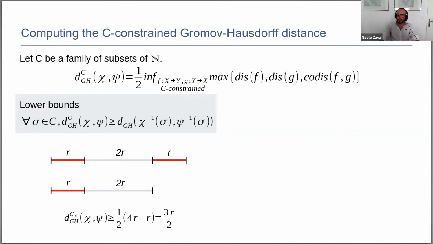Good. So the C-constrained Gromov-Hausdorff distance between the two chromatic metric spaces is bounded by the difference in the diameter of the 2 red parts, because of the stability result of the diameter that I recalled at the beginning. Since the first diameter is 4r and the second diameter is r, the C-constrained Gromov-Hausdorff distance is bounded by 1/2 of their difference.